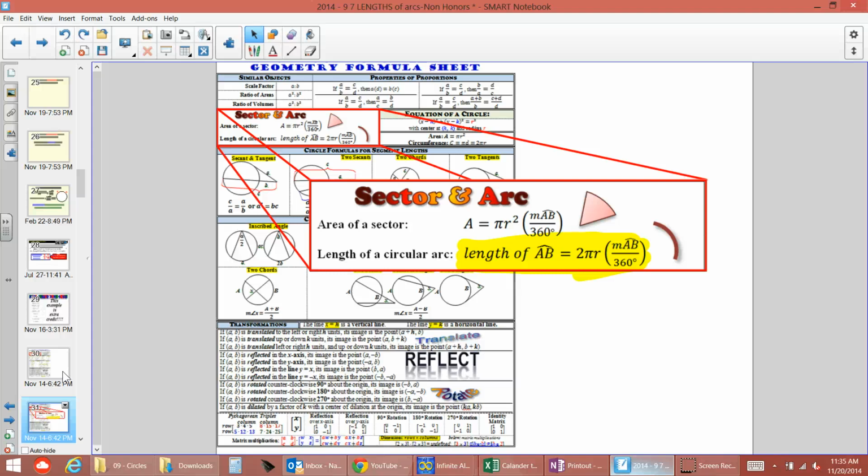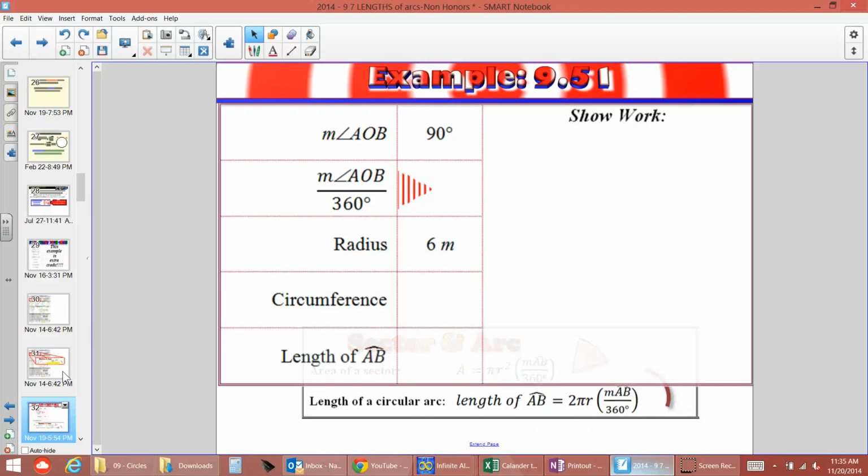The length of AB. Remember how we talked about the arc length? The important part of this is that we notice that this is a central angle. And when a central angle is there, we know that our arc, in other words, AB with the arc above it, is the same value. So arc AB and the measure of the central angle, AOB, are the same value.